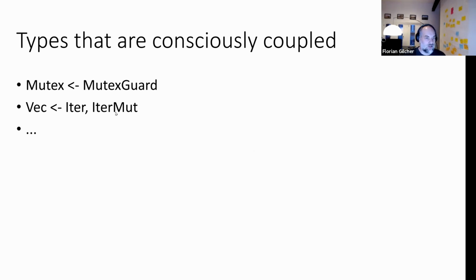The same goes for Vec. The iterators of Vec, all the iterator types, iter and iter_mut particularly, cannot live without the Vec being around. This is a very useful method for ensuring iterator validity, because iterators do not make sense if the base structure is not around.